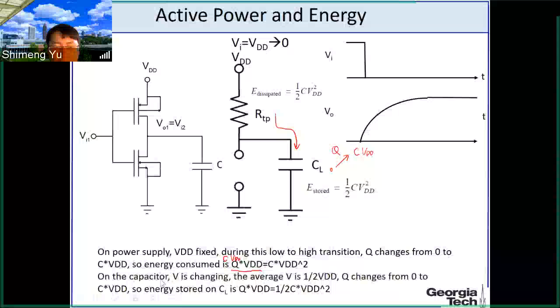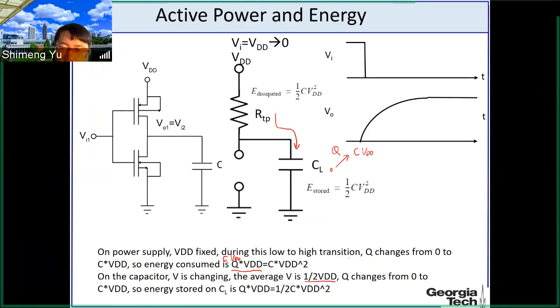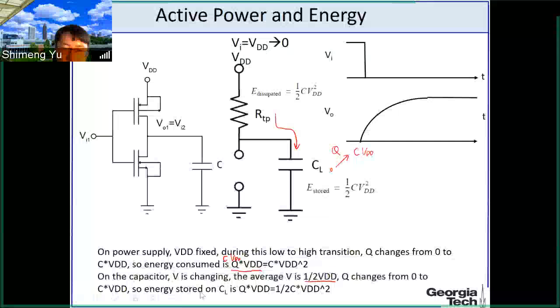But on the capacitor, because the voltage is changing from 0 to VDD, the average voltage is just half VDD. So the energy stored on the cap will be, this is a typo, should be VDD divided by 2, this average voltage multiplied by Q, which is half C VDD squared.